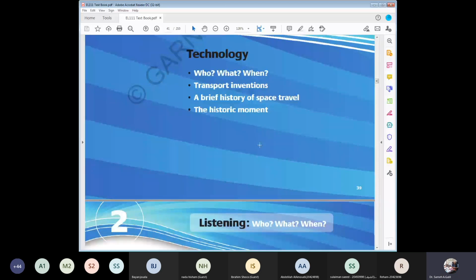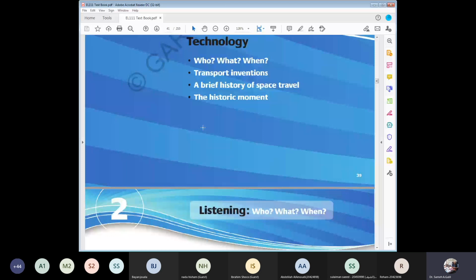We'll talk about the historic moment. What's the difference between history and historic? In other words, which of them is a noun and which of them is an adjective? Historic is an adjective. History is a noun. That's why we say the history of something, for example, the history of Saudi Arabia.